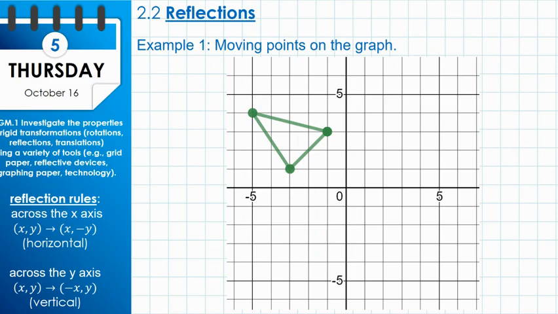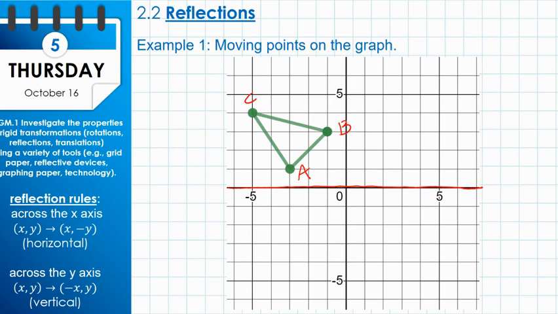So example 1 of reflections, we're going to look at the rule. I'm going to start with red. And if we're going to reflect across the x-axis, x-axis is here. So if we're reflecting across the x-axis, remember, if we label this triangle A, B, C, we're going to change it to A prime, B prime, and C prime.